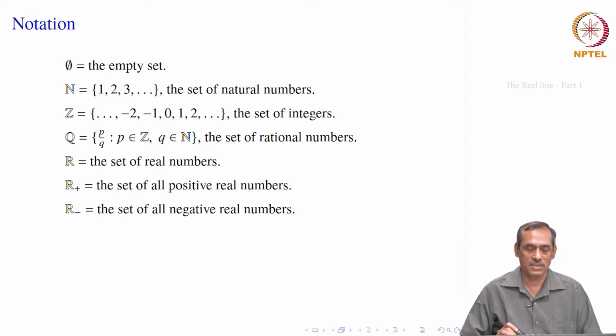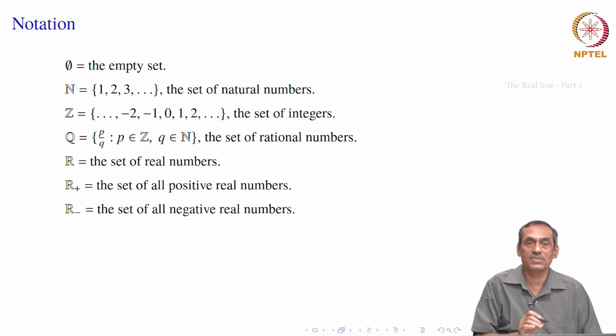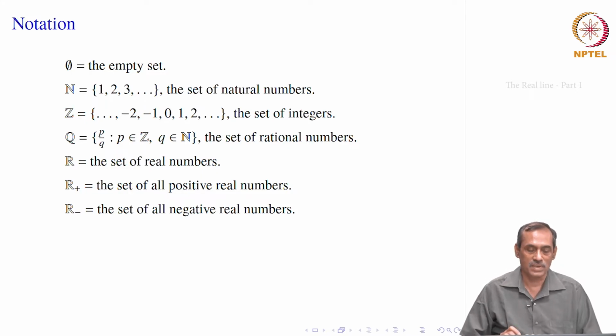So, we will write like this, that is 0, 1, 2, 3 and so on, the other side minus 1, minus 2 and so on. In fact, this other side business means they are ordered, but we will come to it later. And the set Q, the set of rational numbers, will be denoted by this Q. A rational number looks like p by q, where p is an integer and q is a natural number.